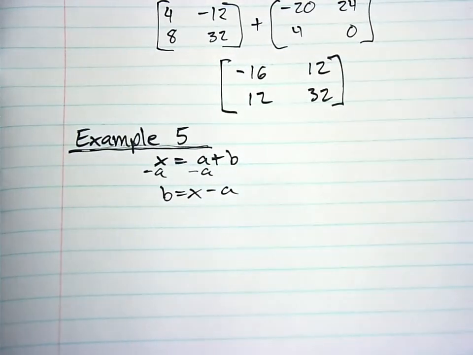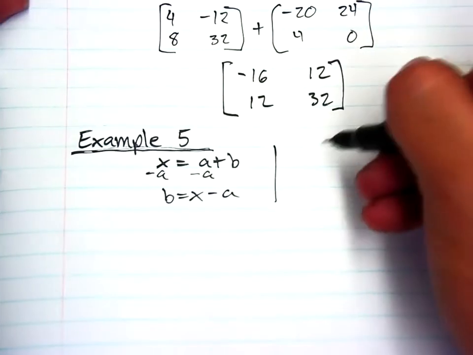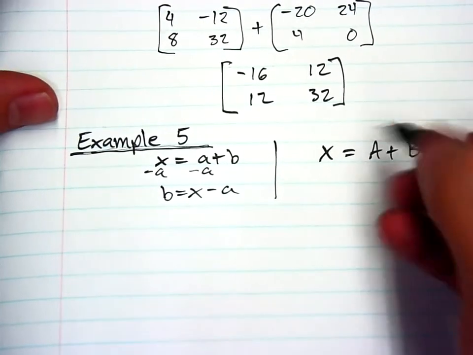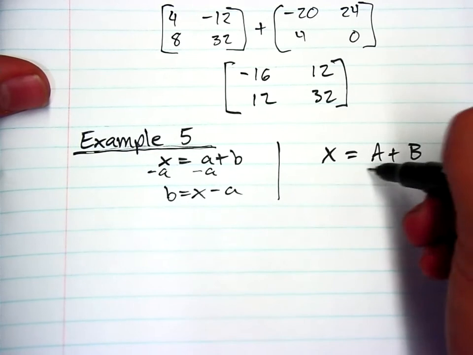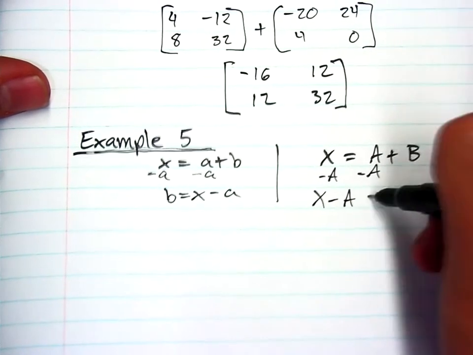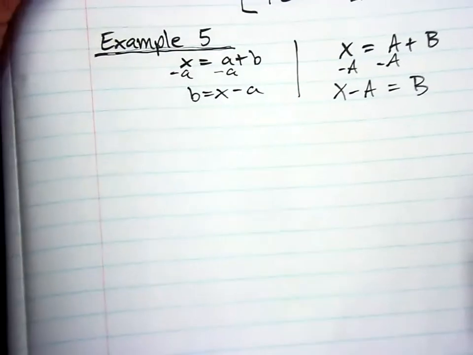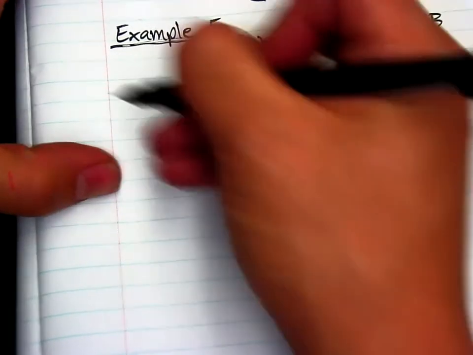We're going to be doing the exact same thing here, except now instead of lowercase letters, we're going to be working with uppercase. So, in this case, if I were to ask what is B equal to, I would subtract the matrix A from X, so X minus A is equal to the matrix B. Okay, so a little bit abstract, but with this example it should be just fine.